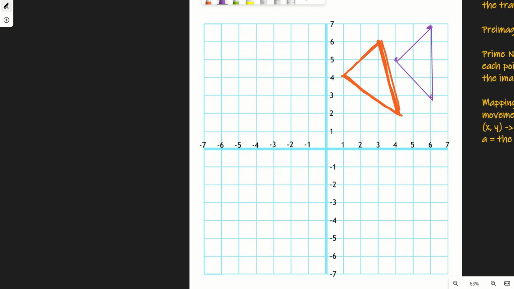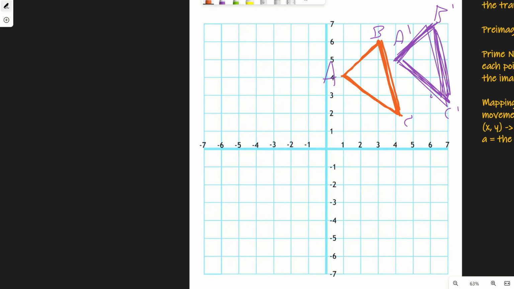And this is my image. Whoops, that's not right. It should go to here. That is my image, from here to here, here to here, and here to here. This is A, B, C. This is A prime, B prime, C prime.